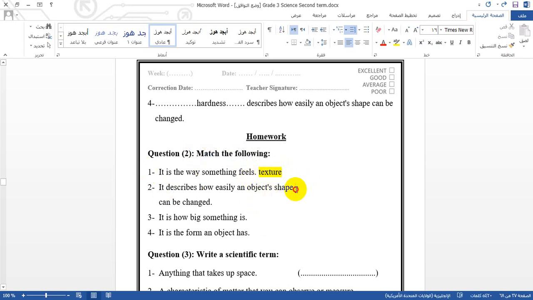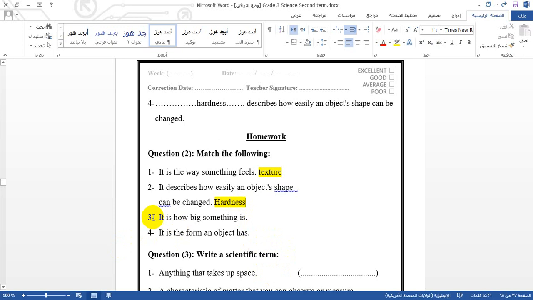Number 2: describe how easily an object's shape can be changed. It is hardness. Let me write it here. This definition is related to hardness. The hardness property describes how easily an object's shape can be changed.